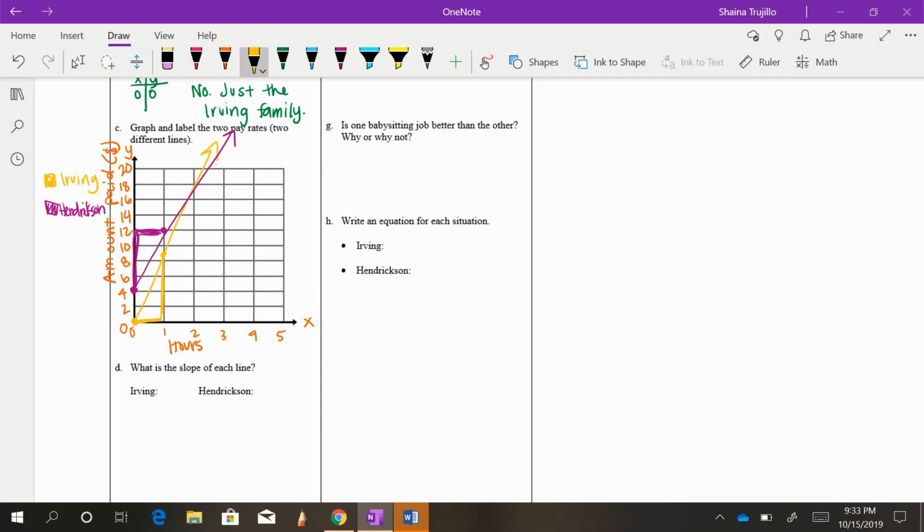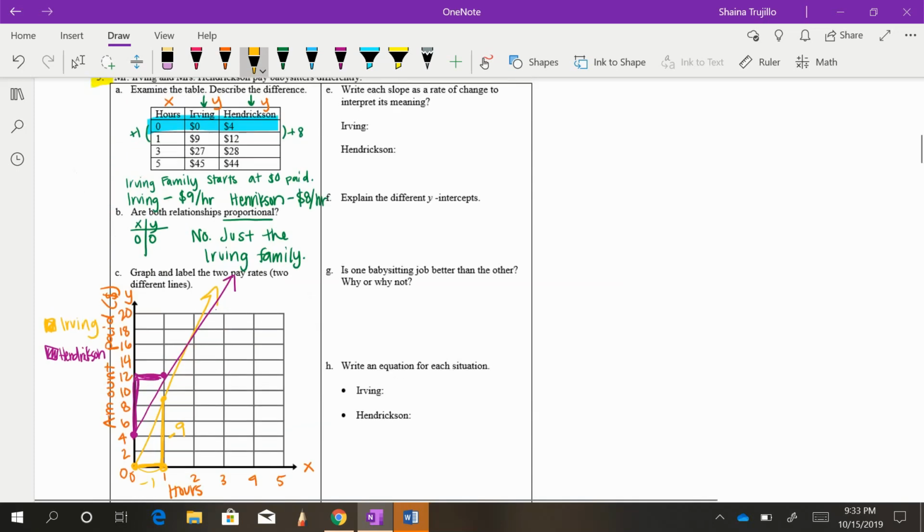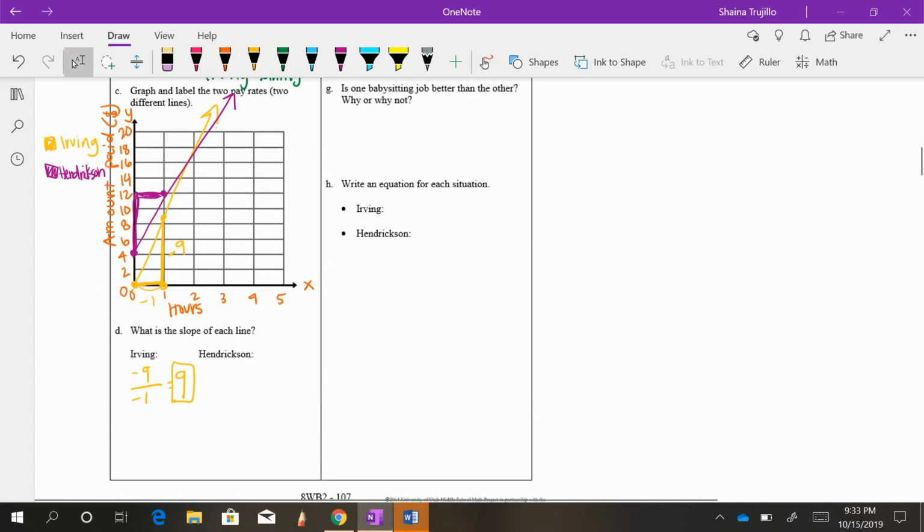So I start at 9 and I go down to 0, so I decrease by 9. And I'm going from 1 down to 0, so I decrease by 1. Negative 9 over negative 1 is just 9, or $9 per hour.